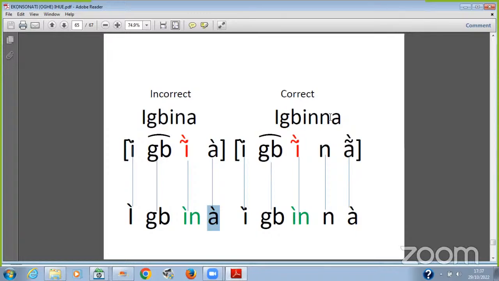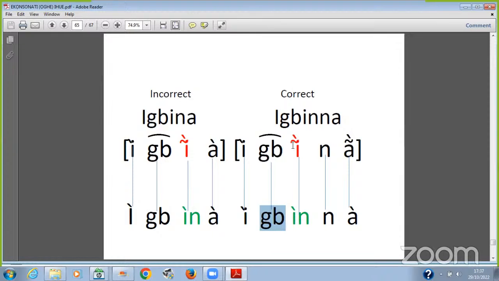Whereas if it is written correctly, because we have 3 syllables here, it's a 3-syllable word. The first sound in the word is E, which is represented by the letter I. Then the second sound is B, which is represented by the digraph GB.